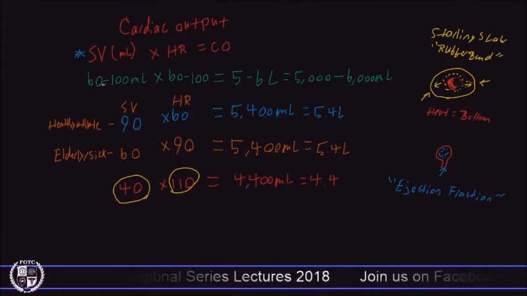So your ejection fraction is what percentage of the blood that is actually in your heart gets sent out. They're able to measure this with diagnostic tests in the hospital. The ejection fraction in a normal human is going to be 55 to 70%.